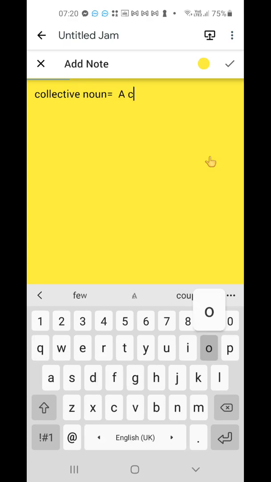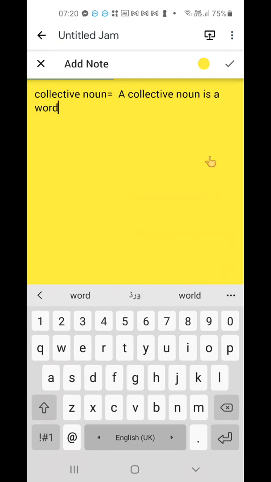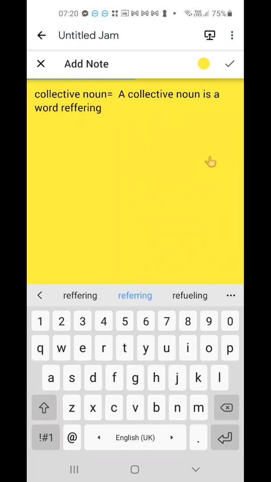A collective noun is a word referring to a collection of things taken as a whole.